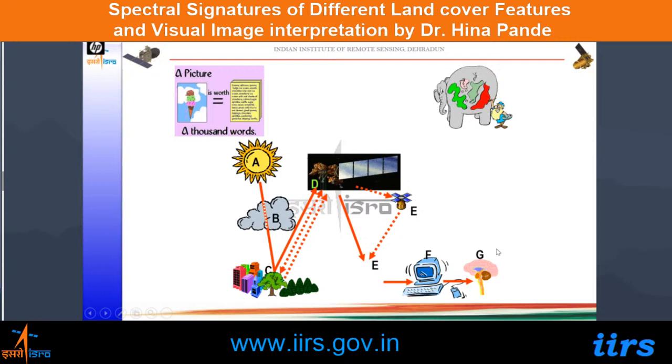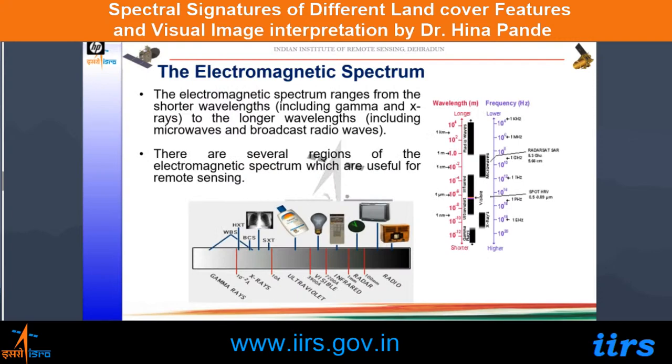Before we start interpreting, we also need to be familiar with the properties of the electromagnetic spectrum. I'm sure you now know that the spectrum ranges from shorter wavelengths, which include the X-rays, gamma rays, ultraviolet rays, to the longer waves like the radio waves and the microwaves, radio waves which are used for communication, and the visible, infrared and microwave regions which are used for remote sensing purposes.